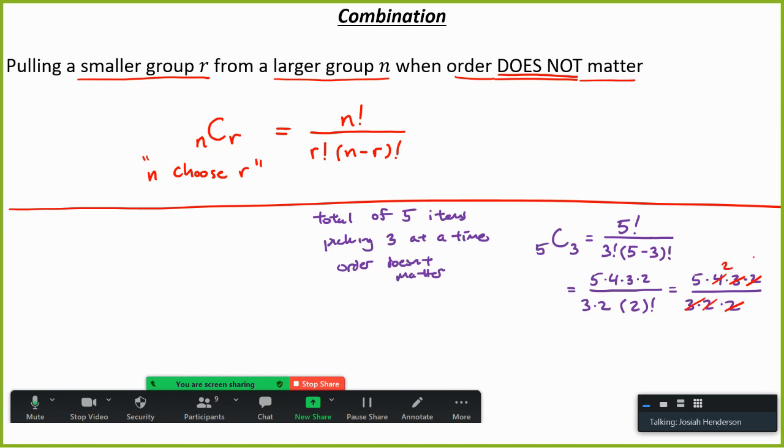So there's a 2 left over on top. What's left over here that's not crossed out? 5 times 2, which is just 10. So this means that there's 10 different ways to pick 3 items at a time from 5, and the order of picking the items doesn't matter.